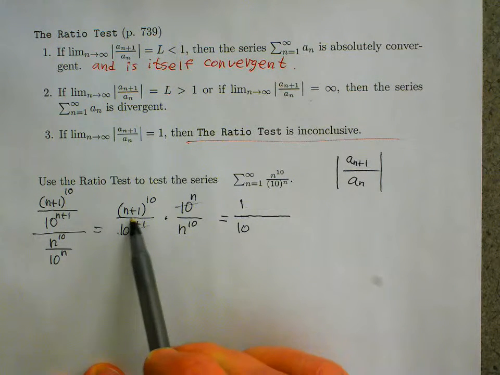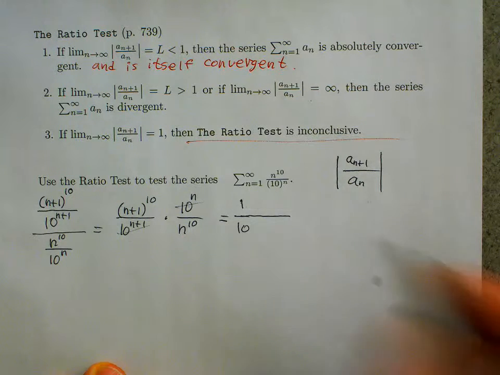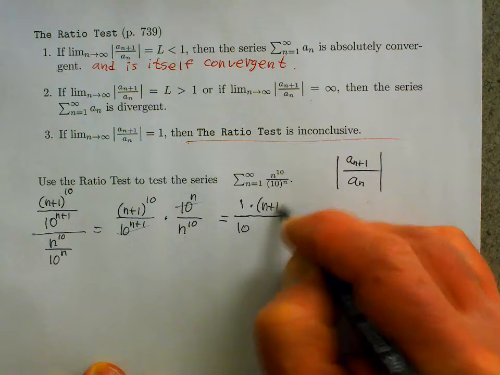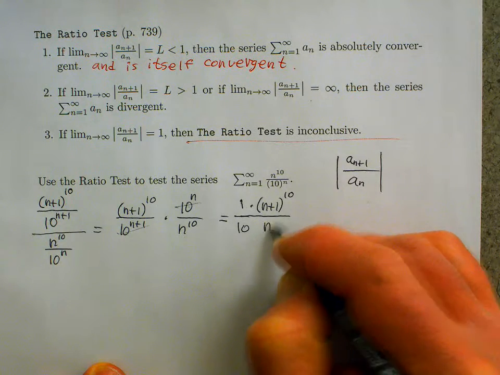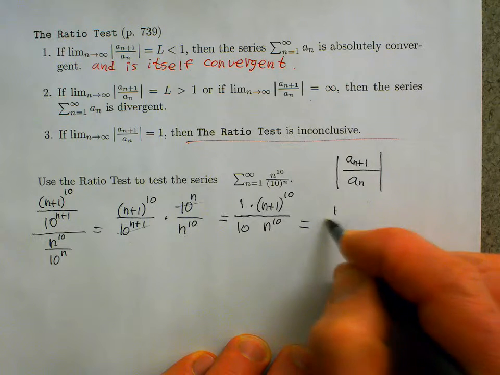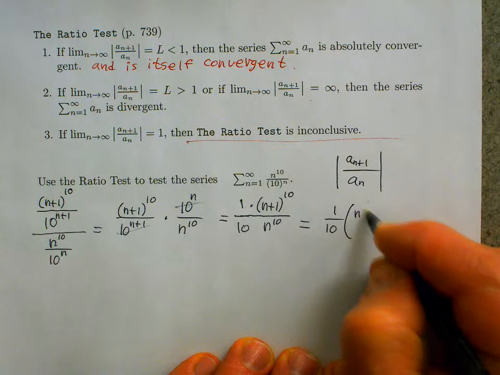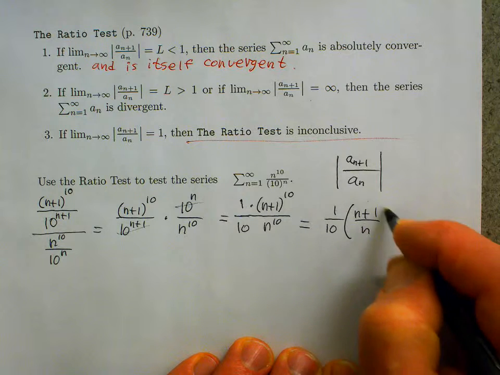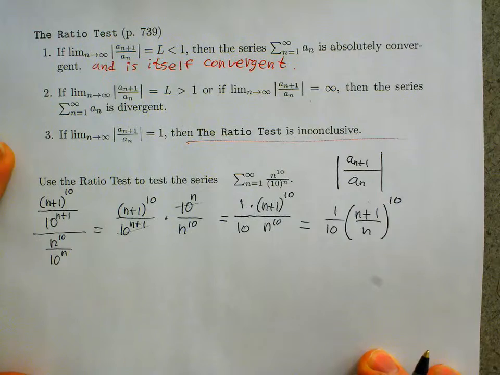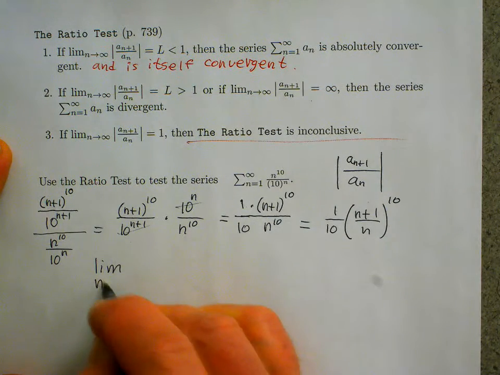And then in the numerator, we have n plus 1 to the 10th. In the denominator, n to the 10th. So for now, for this step, I'll just write n plus 1 to the 10th over n to the 10th. And then write the next step as 1/10 of the quantity n plus 1 over n, to the 10th. Okay, so now we take the limit of that as n approaches infinity.